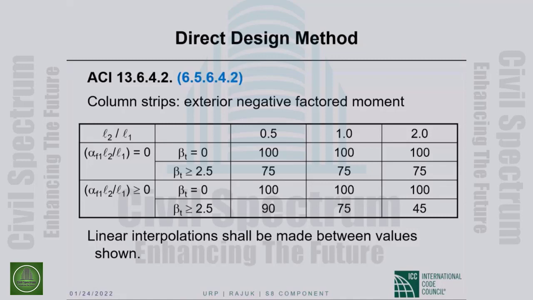So for the exterior negative factored moment, if there is no column line beam, alpha sub f1 is 0. And beta sub t, which I have not explained yet but I will, if beta sub t equals 0, that means there is no torsional member, there is no edge beam. Then 100% of the exterior negative factored moment goes to the column strip.